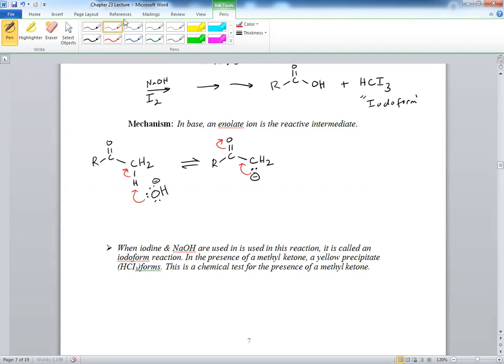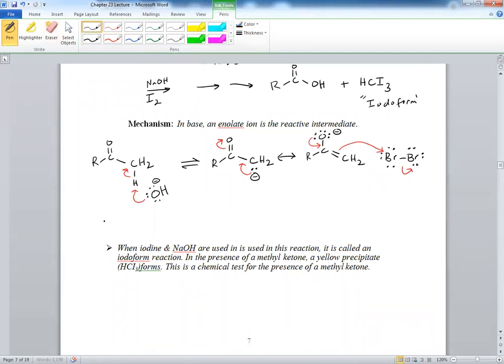Again, you could have done it all in one step, but putting the negative on oxygen, remember, makes it more stable because it's more electronegative. So here's a bromine. Electrons come down, kick that out.